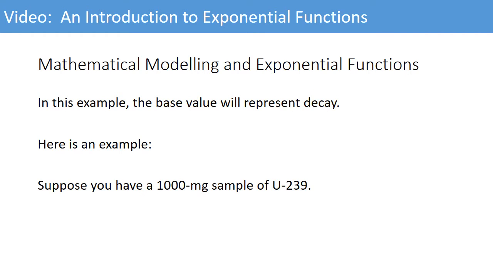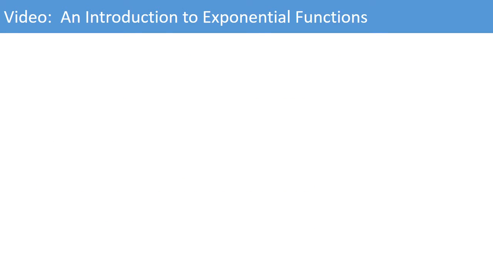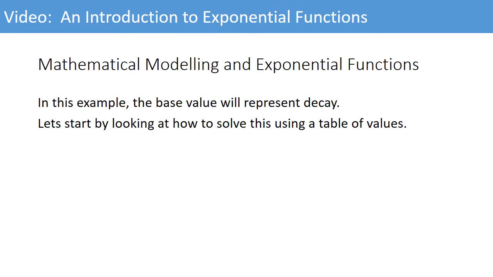Suppose you have 1,000 milligrams in a sample of U-239. How can you model the amount remaining over time? Let's start by looking at how to solve this using a table of values.